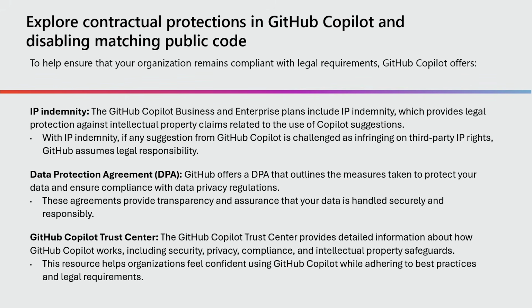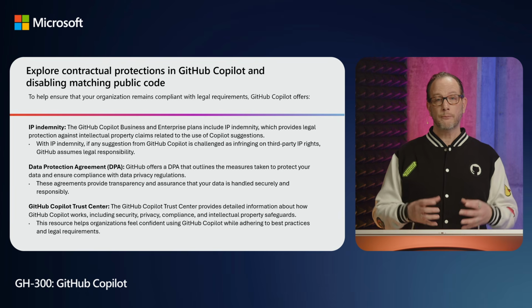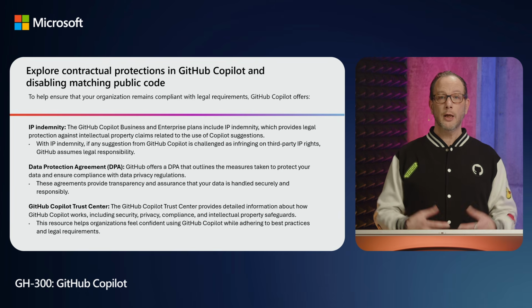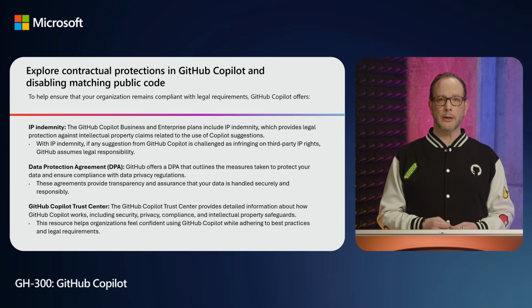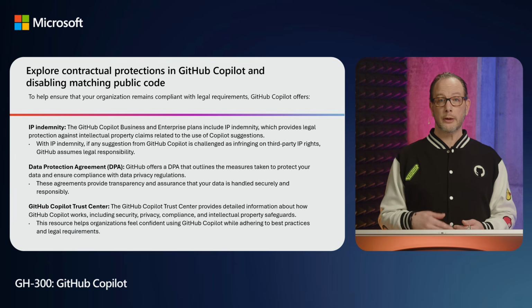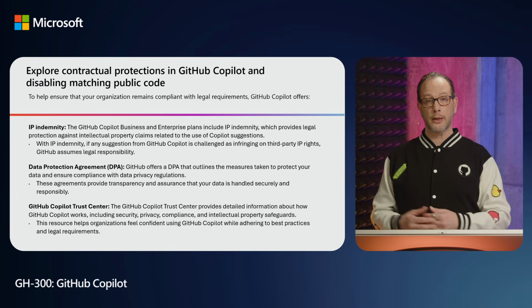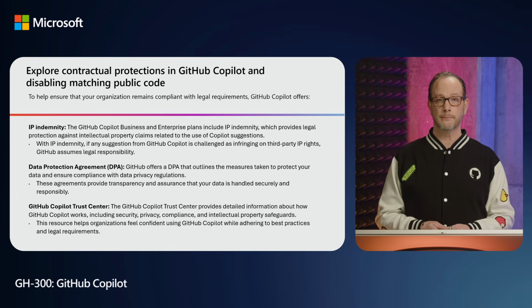In addition, GitHub provides transparency through its Data Protection Agreement, as well as the Trust Center. These resources explain how data is handled, how privacy is protected, and how compliance is maintained. Altogether, these protections allow organizations to adopt Copilot with greater confidence, knowing both legal and technical safeguards are in place.